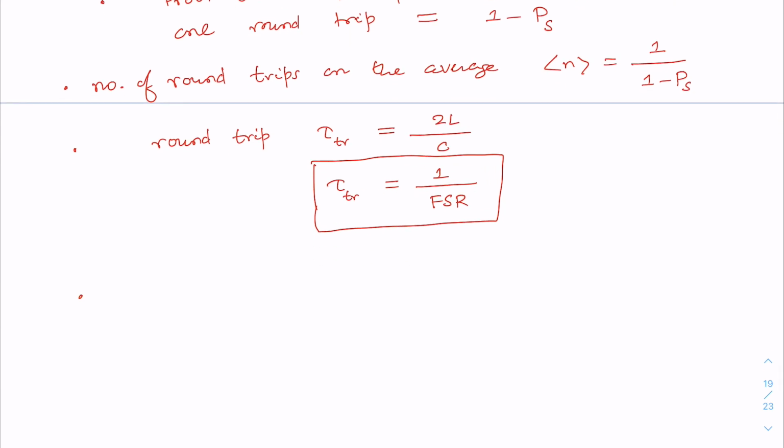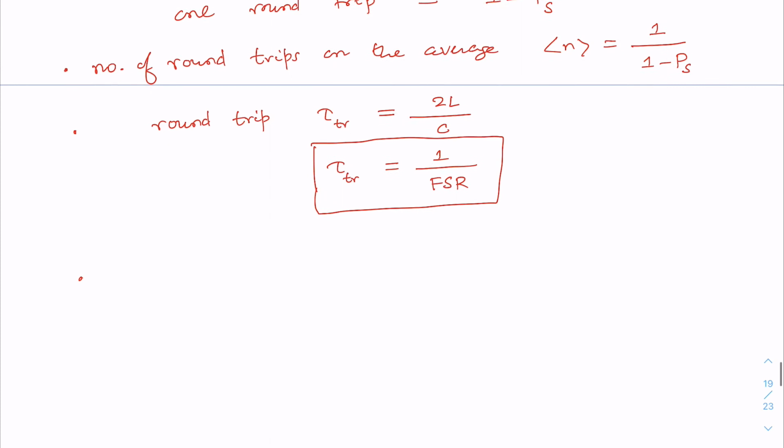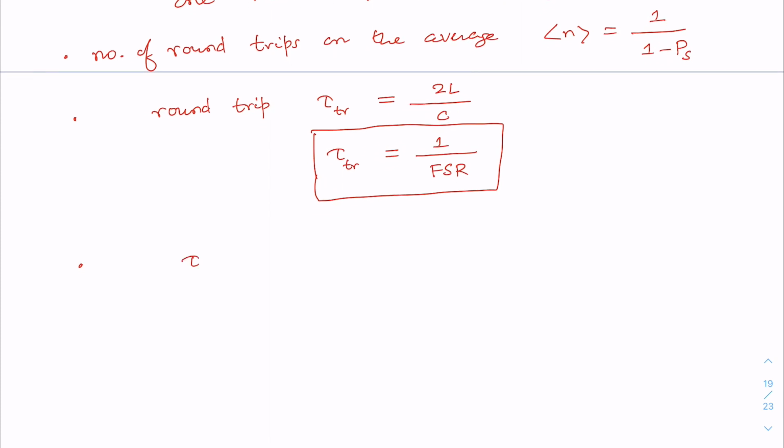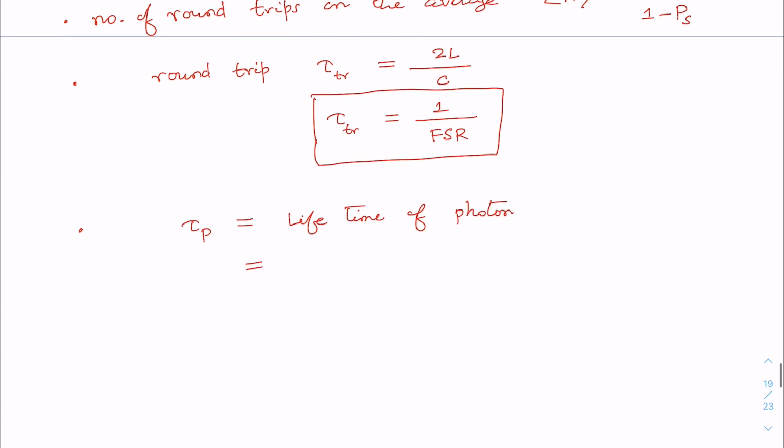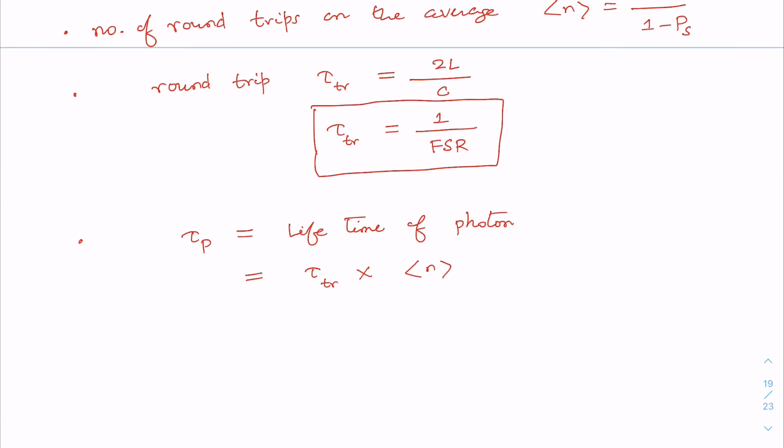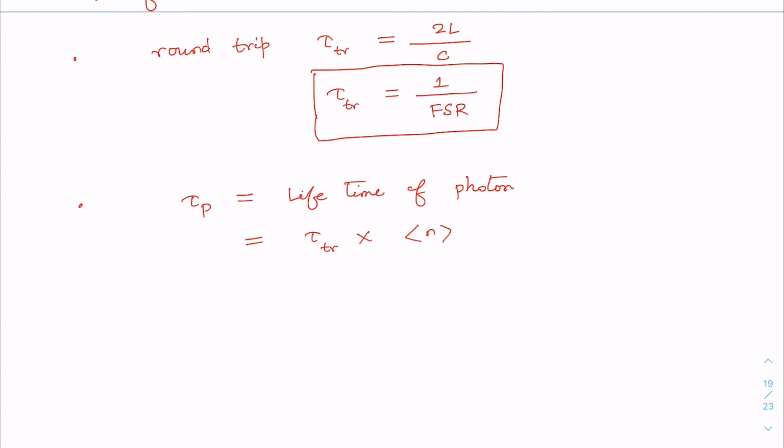So the lifetime of the photon inside the cavity, let me denote it as tau p. This is the lifetime of the photon inside the cavity. That is clearly equal to the round trip time into the average number of round trips inside the cavity.